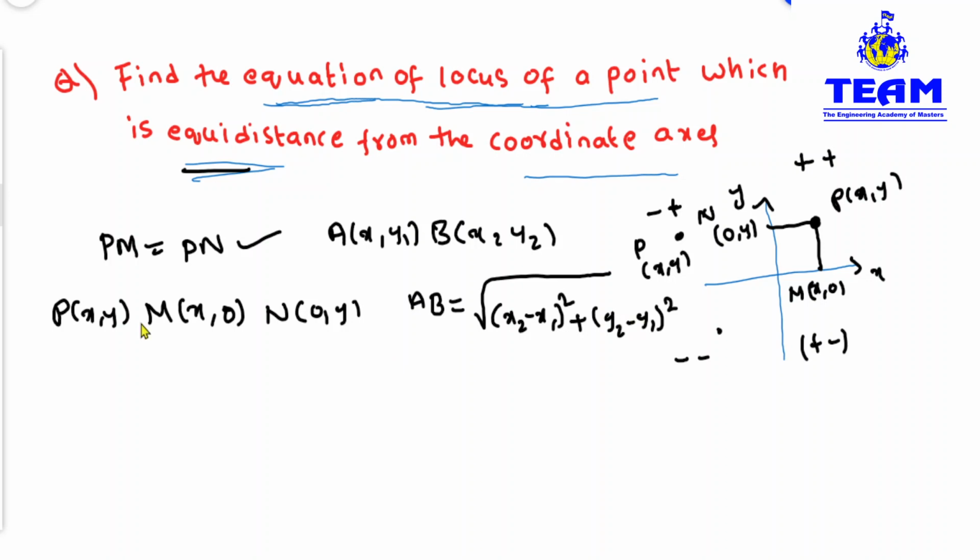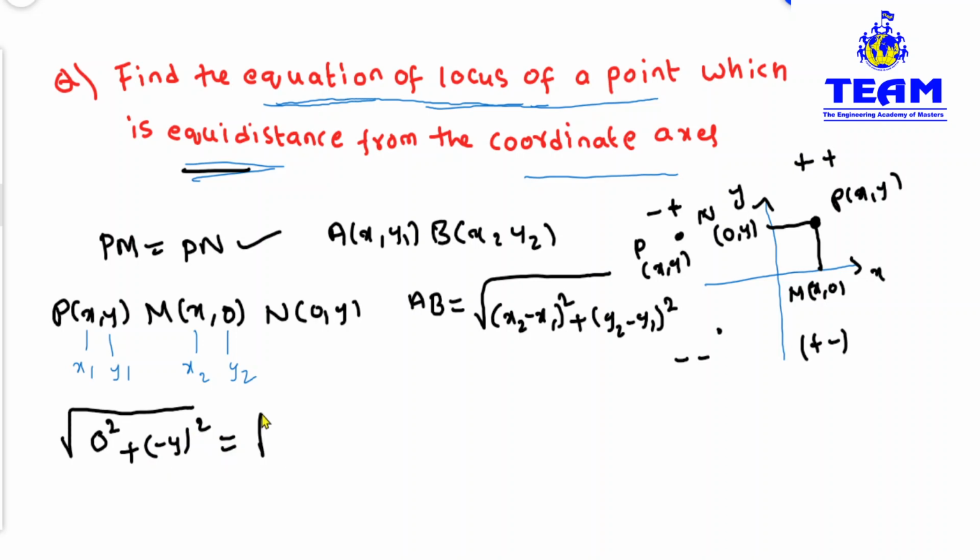Okay, now in this case, first PM. The first point is P, so this indicates x1 and y1, and this is the second point in PM, so (x2, y2). Now apply the distance formula, then you will have the square root of (x2 minus x1), so x minus x means 0, square, plus (0 minus y) whole square.